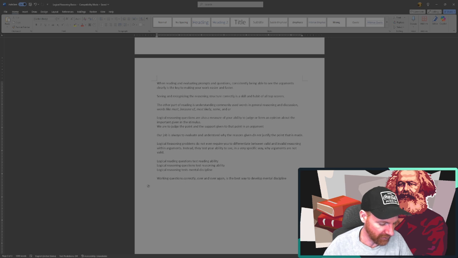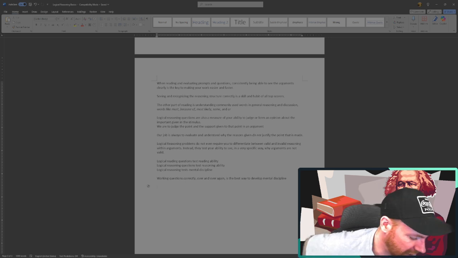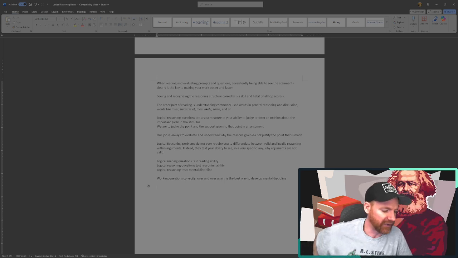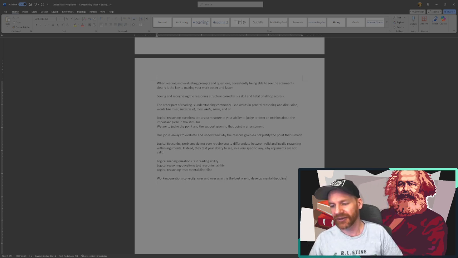And then there's two side notes here. Logical reasoning tests reading ability, reasoning ability, and mental discipline. We can define mental discipline as the ability to stay focused on the task at hand. Maybe I'll include that too.